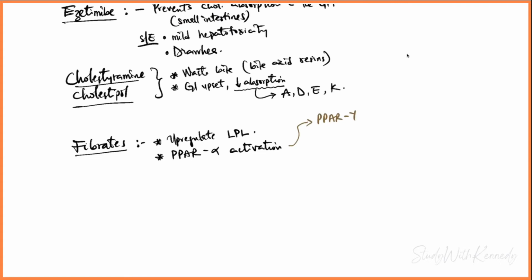By activating PPAR alpha, fibrates increase sensitivity and the ability of tissues to take up cholesterol and all of that. You don't really need to remember much about PPAR alpha. What you just need to know is that fibrates activate PPAR alpha, right?